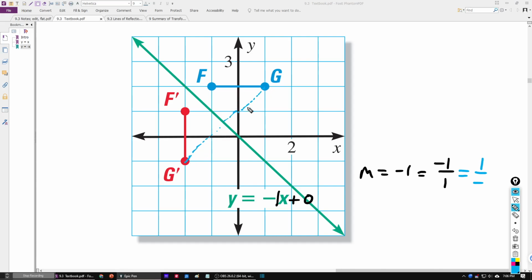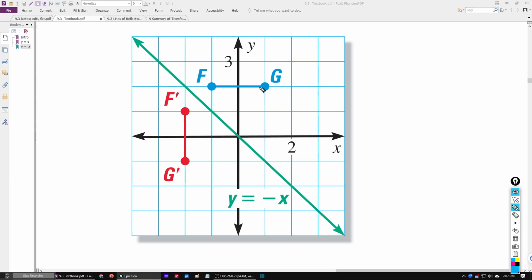And I have 1.5 diagonal blocks to get to that line of reflection. Therefore, I go 1.5 beyond that line of reflection. And same thing over here. I have half of a diagonal block to get to the line of reflection. Therefore, I go half a diagonal block beyond that line of reflection.